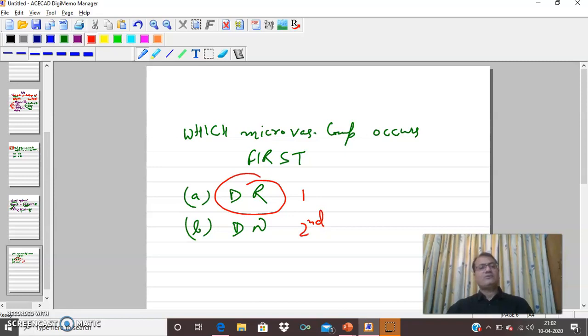And easily you can remember, first letter has R in it, diabetic retinopathy. So diabetic retinopathy develops first, and secondly, this N, we have the development of diabetic nephropathy.